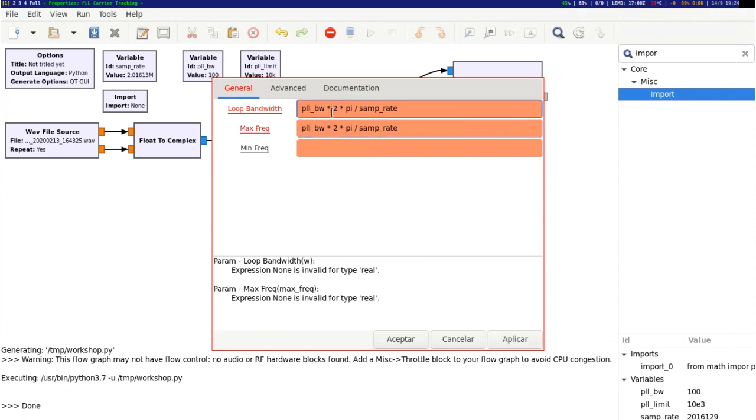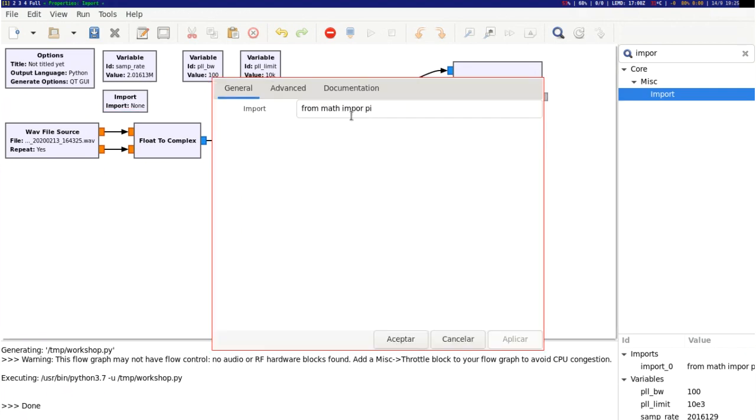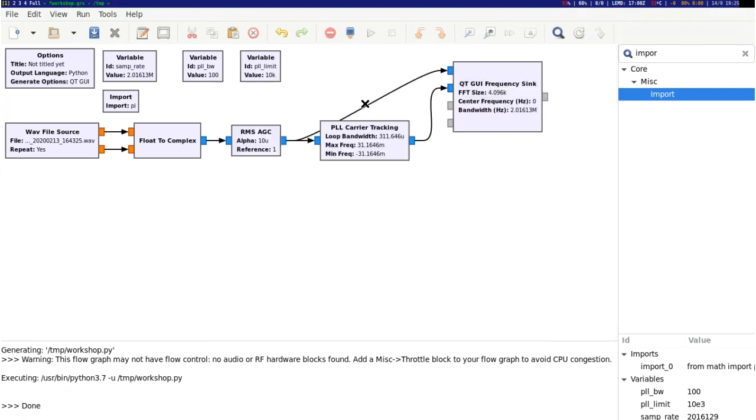I'm going to set my maximum frequency limit and my minimum frequency limit, so plus 10 kilohertz and minus 10 kilohertz, and I did something wrong with the import. I'm missing a T. So now I have these numbers in radians per sample. Sorry, I don't care too much about them.